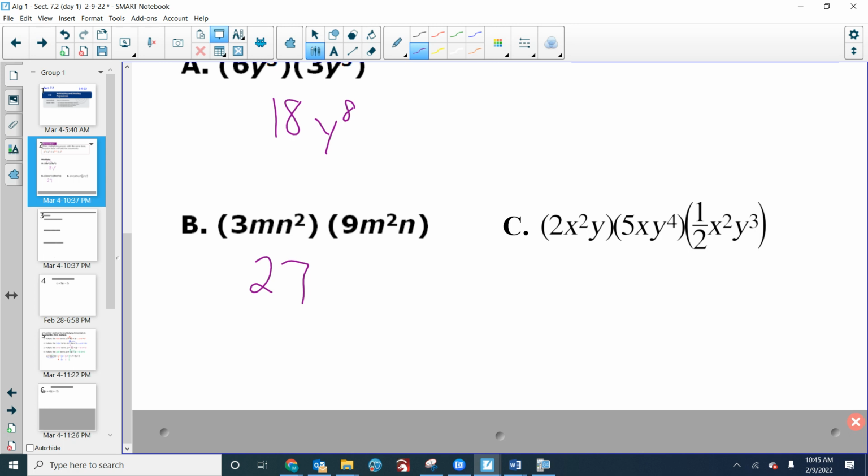With this m, I would write a 1 there just so you don't forget about it, just to remind yourself, okay? Okay, m to the first times m to the second. M to the what? We add them. Okay? n to the second times n to the first. n to the third. Now, that just happened to be the same. They come out to the same. That's just a coincidence.